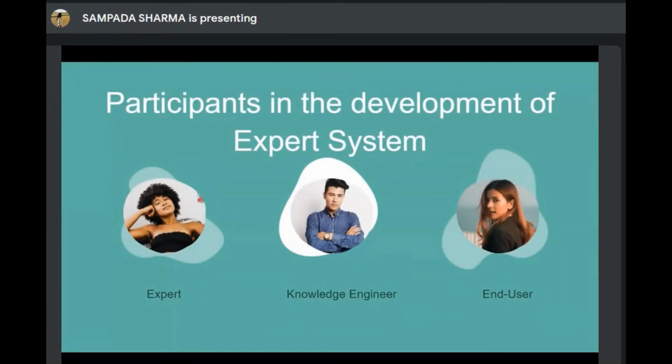So who are the participants in the development of an expert system? Basically, I would say there are three people or groups. The human expert, which is very critical to the success of an expert system because they are the ones who provide specialized knowledge in a particular domain.